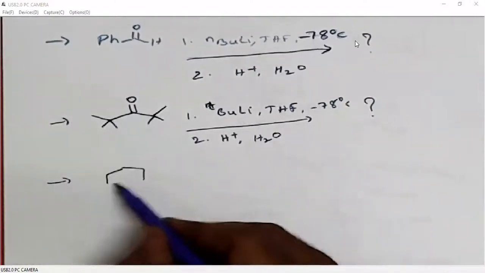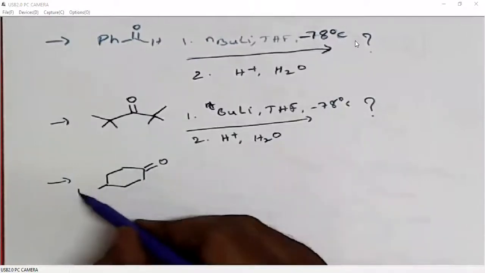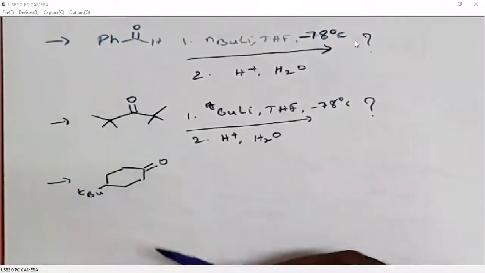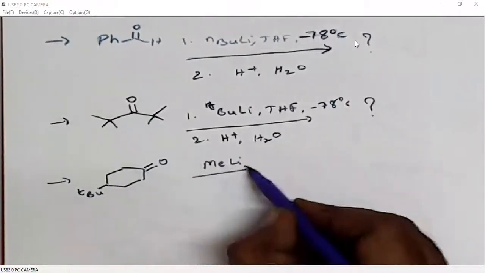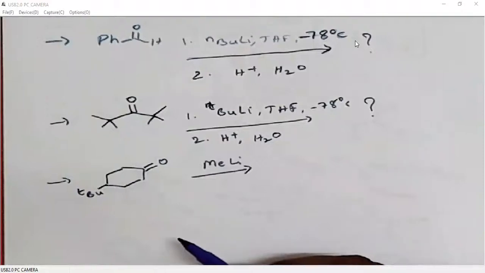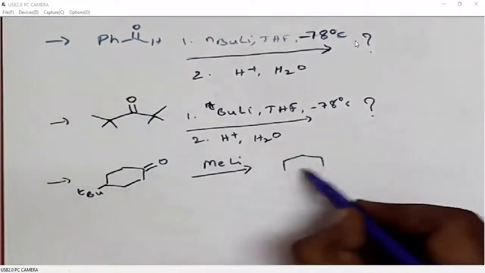When we want to predict the stereochemistry of nucleophilic addition to cyclohexanone derivatives, of course, we must follow the chair conformation to predict the major and minor products. I'll give the products.